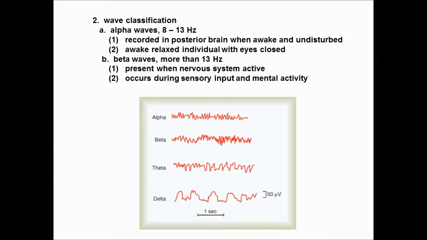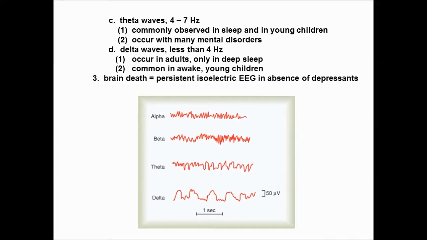Okay, so the next wave pattern is theta, and theta waves are slower than the first wave. So I don't have these going from slow to fast or fast to slow. The alpha wave is, let me go back to make sure you get this point, 8 to 13.